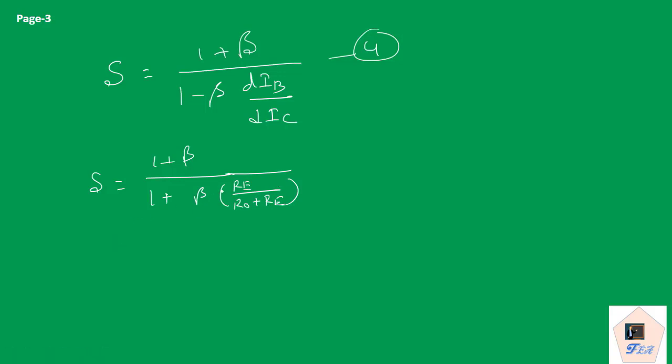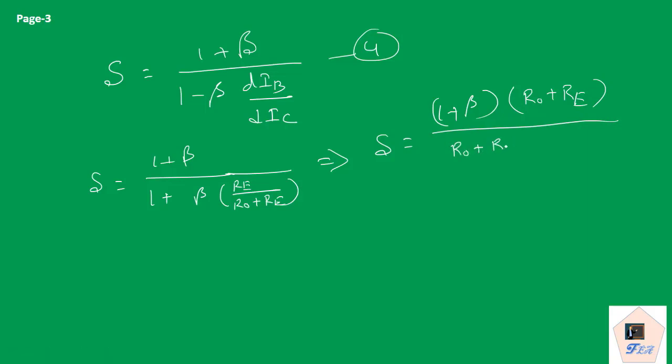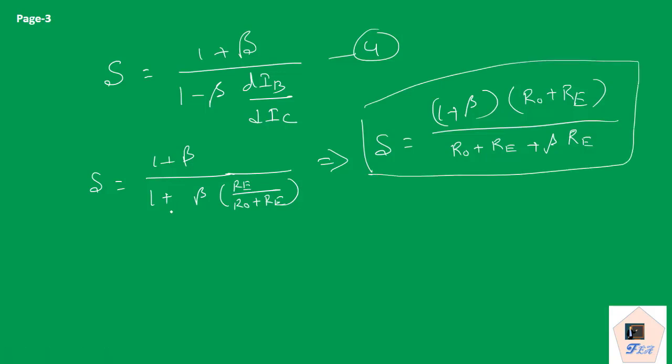Further, if we take R naught plus RE to the numerator, we can rewrite S as 1 plus beta, that is, R naught plus RE divided by R naught plus RE plus beta into RE. So this is the expression for the stability factor of the self-bias technique.